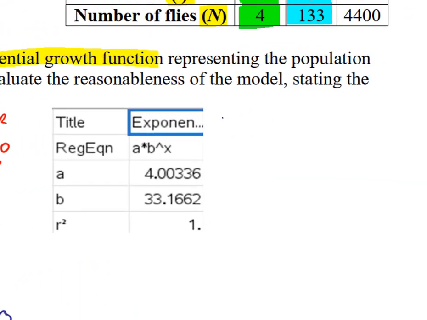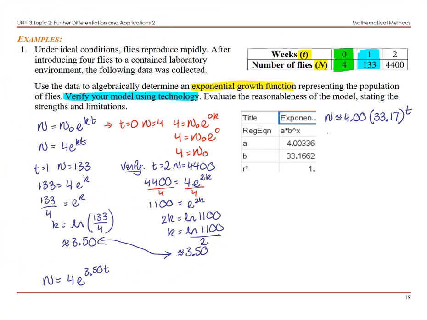So our model using technology is N is approximately 4.00 multiplied by 33.17 to the T. Now we need to compare that with the model we found algebraically. Now we did find an exponential model with e.